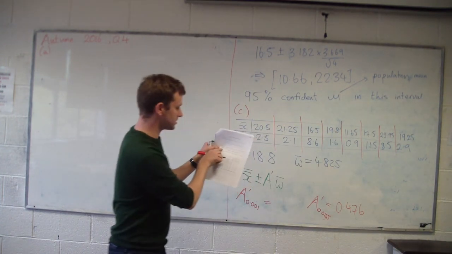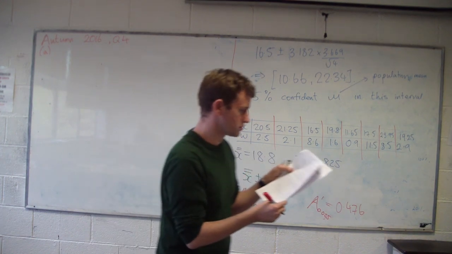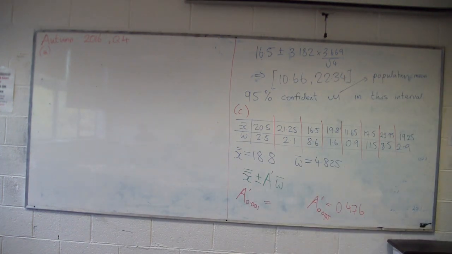If you look at the tables, under control chart coefficients, they're there. That's 0.001, that's 0.025. They're always those two, and then the other one is 0.75.